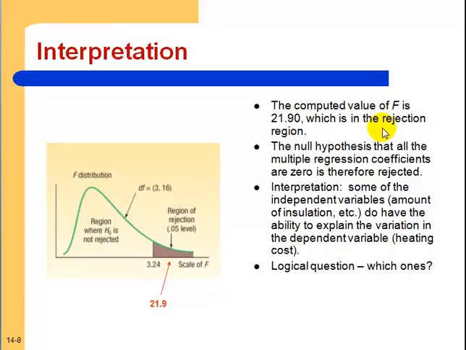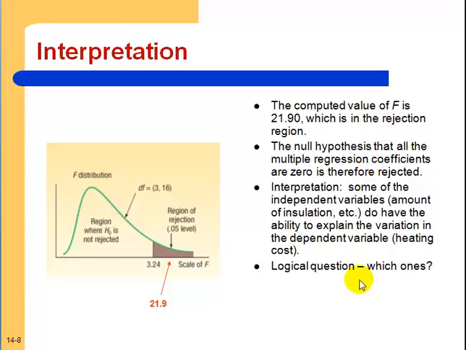Then you need to learn how to perform the global test of whether all the coefficients are zero, or at least one coefficient matters, that is, at least one independent variable can explain the variations or change in the dependent variable.